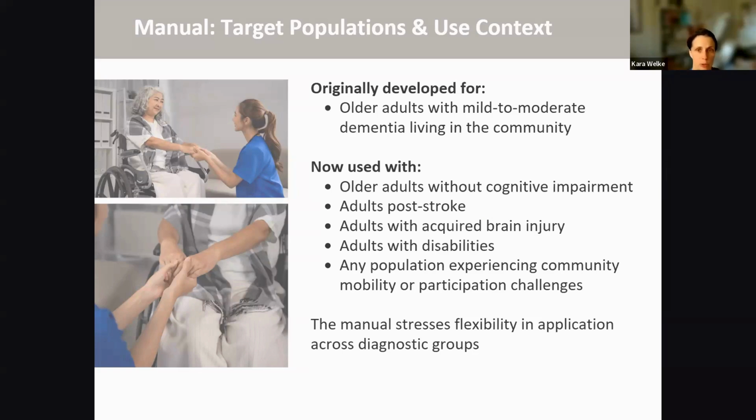We've had people reach out to us asking if they can use this when working with adults with developmental disabilities, young adults when they're transitioning out of high school. The manual really stresses flexibility in who you utilize it with.